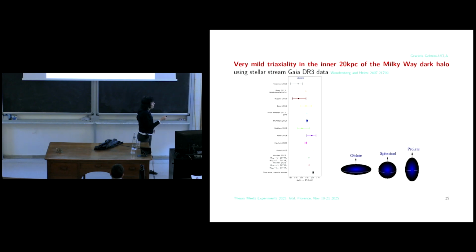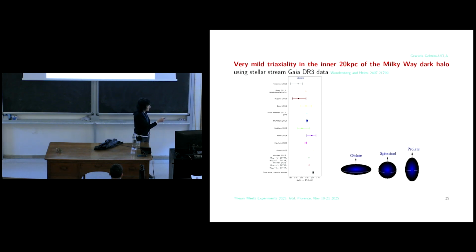Now, using all of these streams, or many of them, this is recent, about a year ago, Gelmini, Amina Gelmini, and I don't know this person, they have made an analysis of how triaxial the dark halo can be at the location of the solar system.